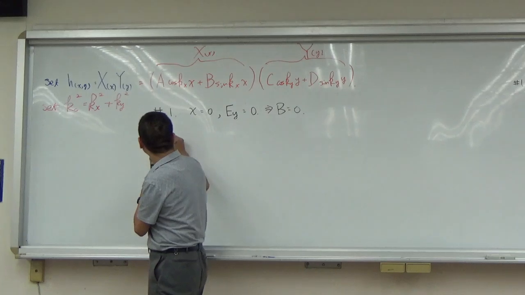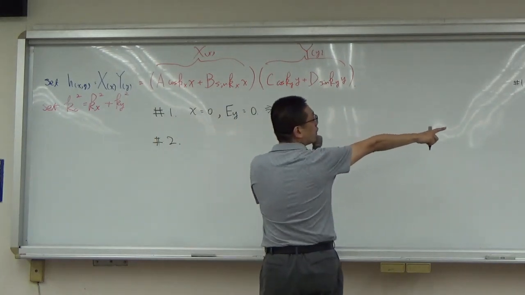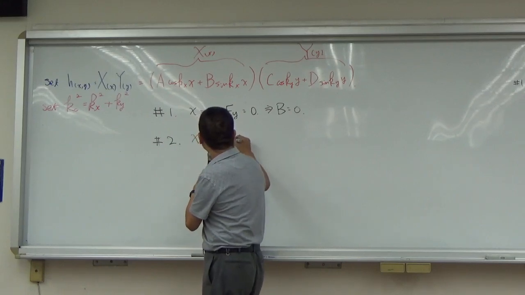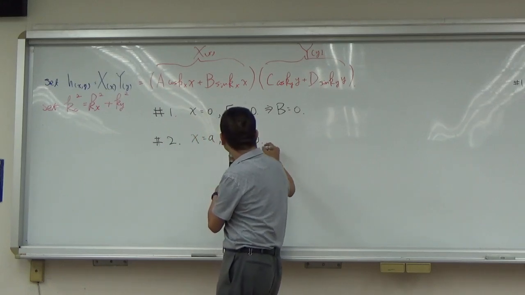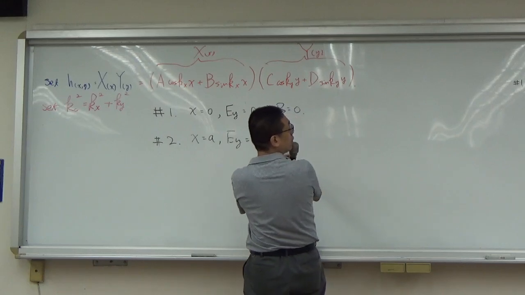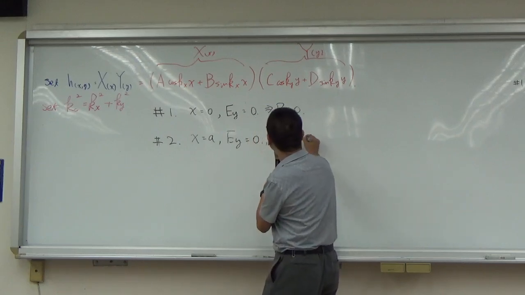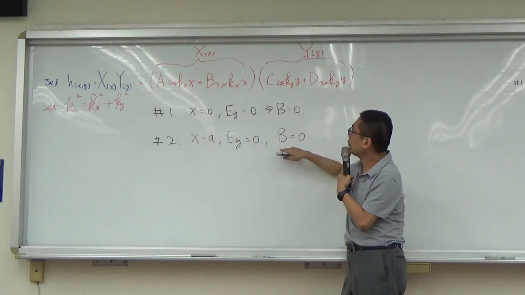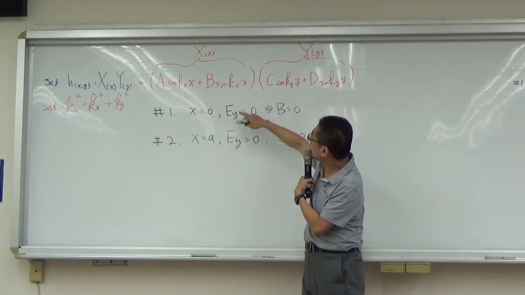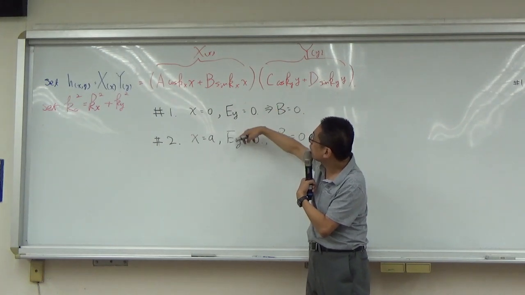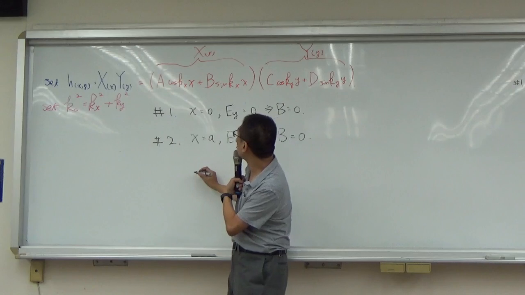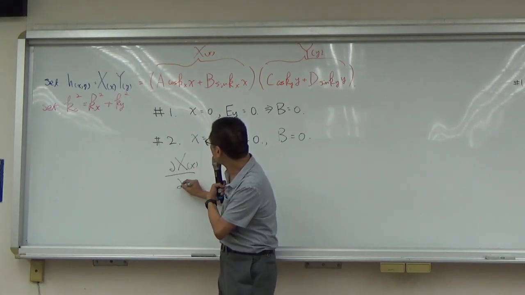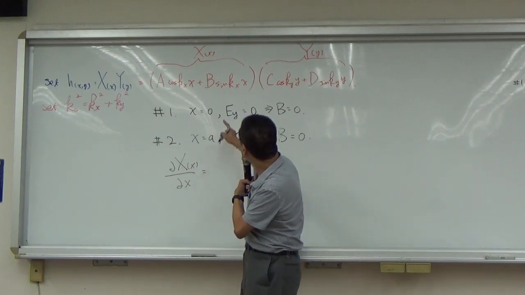Boundary condition 2, x equals to a, EY also equals to 0, and we know B equals to 0 from boundary condition 1. We do the same technique here. We know EY the same, so we take partial x.